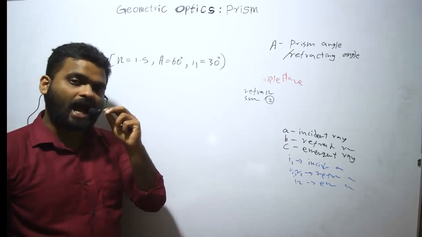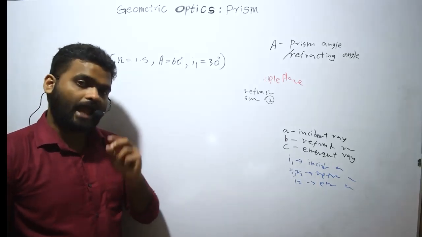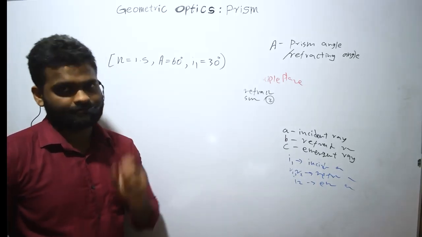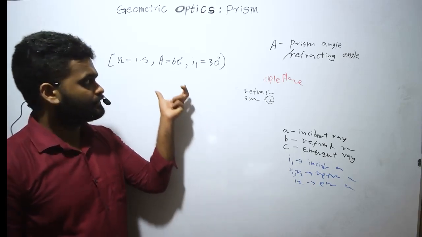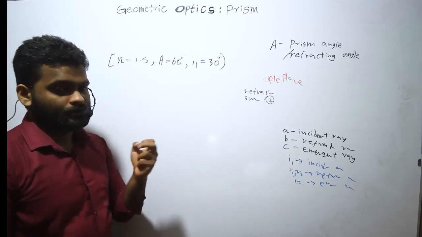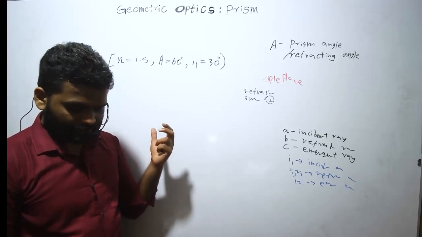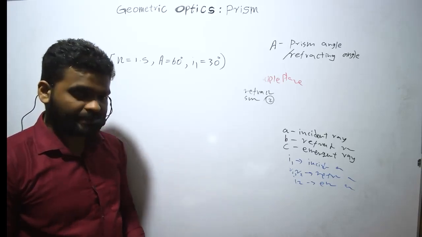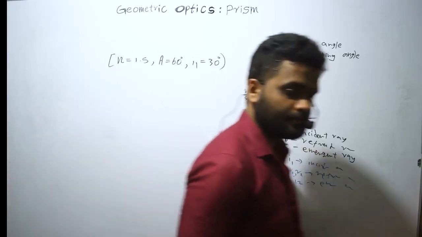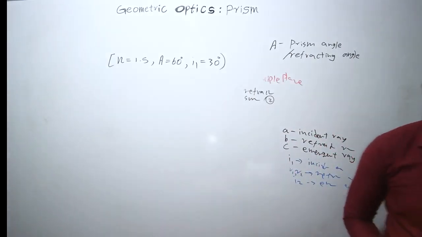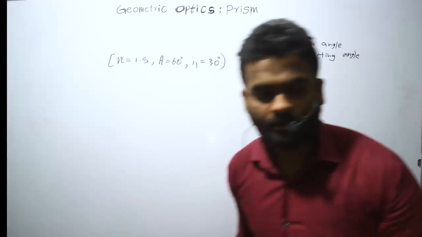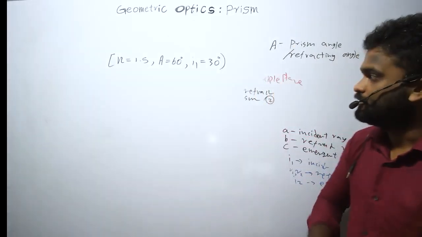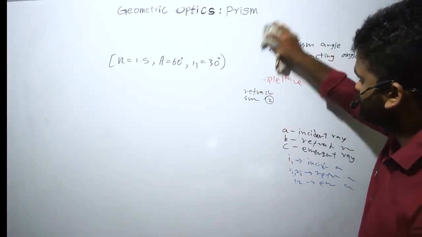First, you need to find I2, then you can find the angle of deviation, simple D. You don't have to draw it. We have already drawn it, so you already have the image on the note.